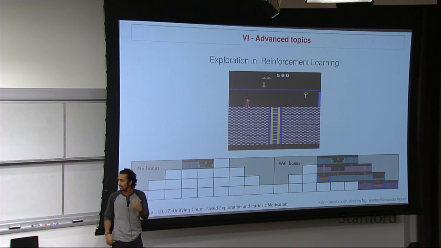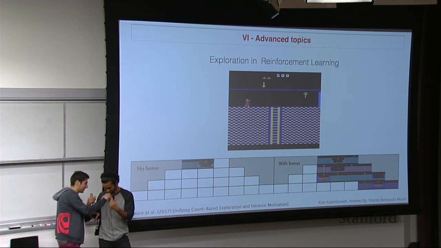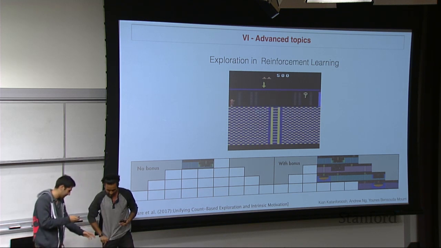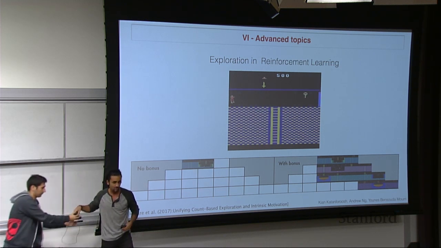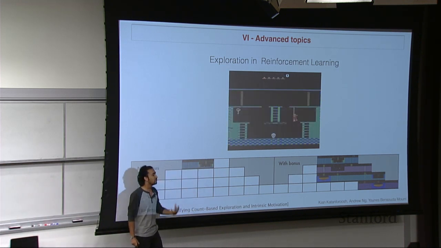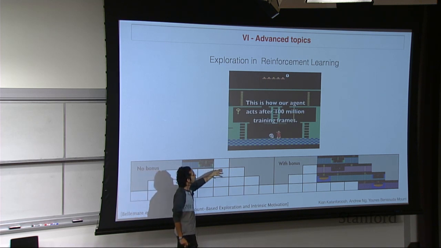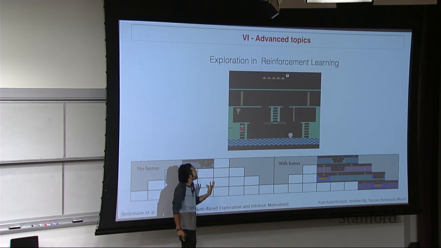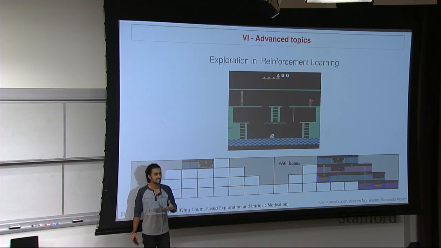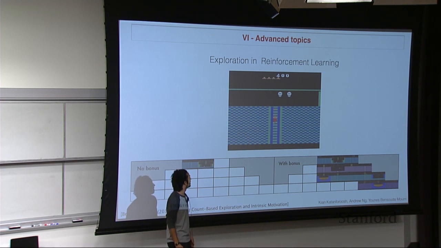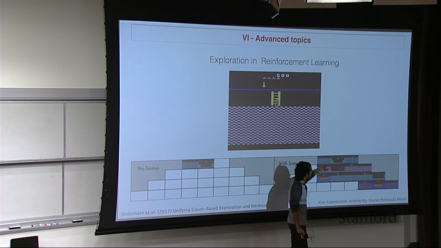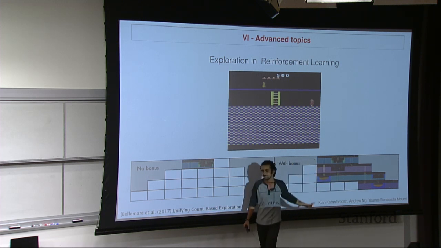So it changes the search for reward in the environment, and the agent has the incentive to just go and search around, because we want to increase the counts of the states it has never seen before. So this gets the agent to actually explore a lot more. It just goes down and visits different rooms and so on.